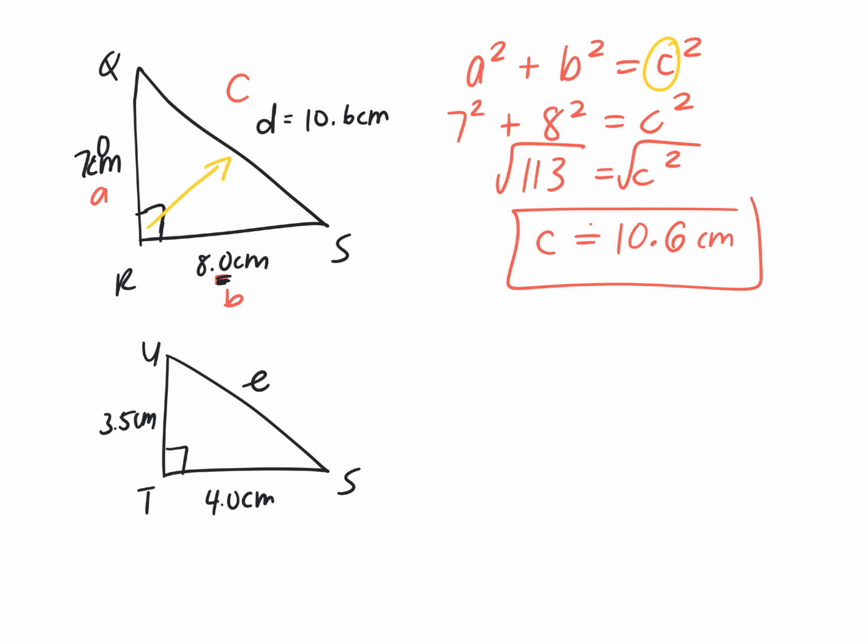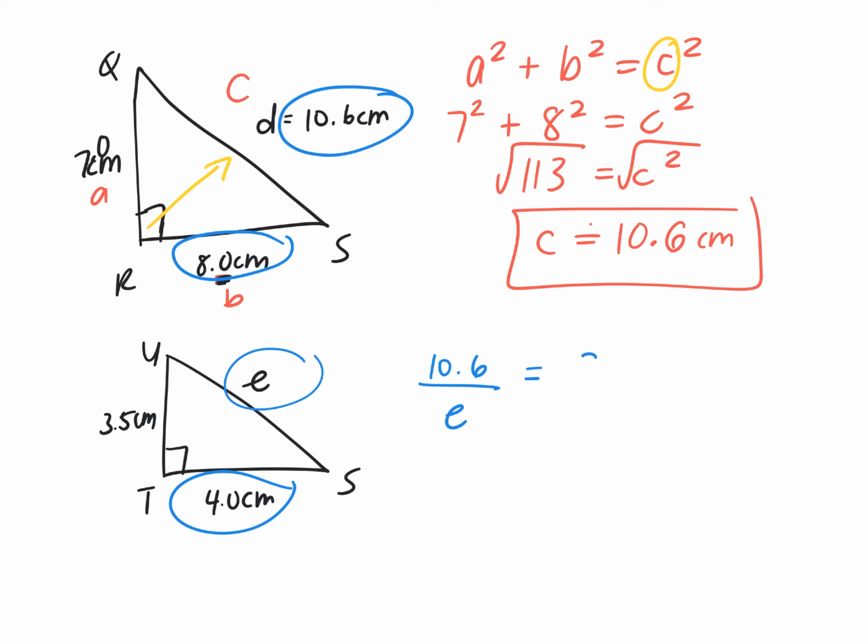Okay, so now that we found this side length, it corresponds to which side length in the second triangle? E. So 10.6 over E. Again, make sure you're writing it in the correct order. You can't write E over 10.6 if we're using the ratio of 8 over 4. So you could write 4 over 8 equals E over 10.6.